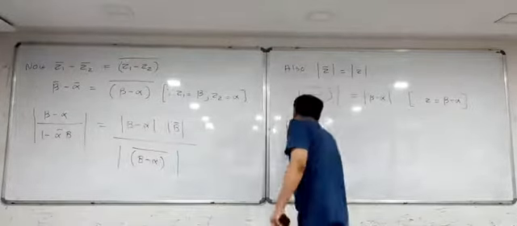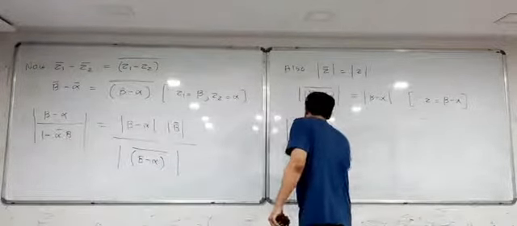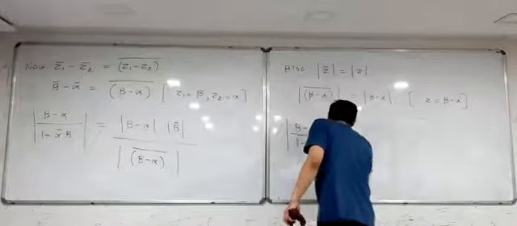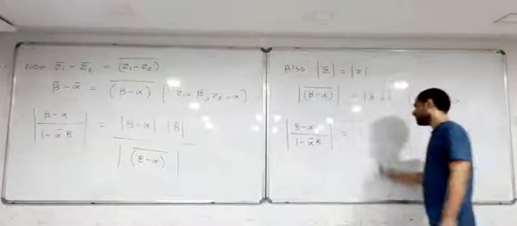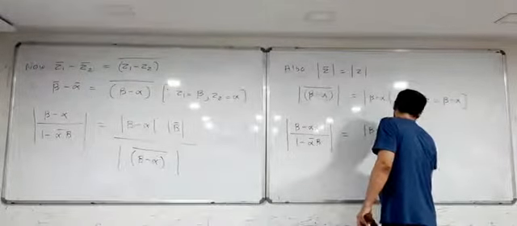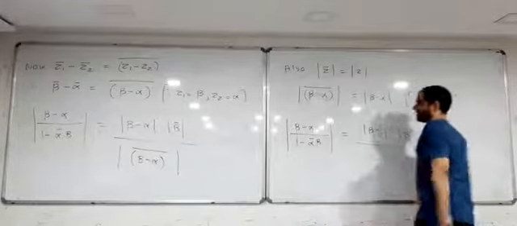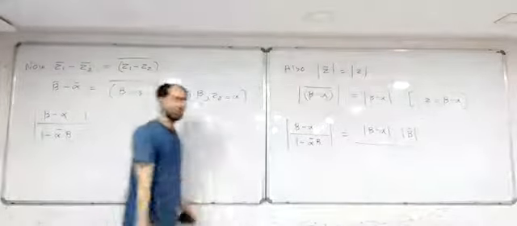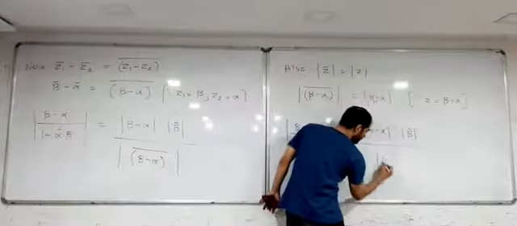Ultimately we come to this conclusion: modulus of beta minus alpha upon 1 minus alpha bar beta is equal to magnitude of beta minus alpha whole upon magnitude of beta bar. What does magnitude of conjugate of beta minus alpha come to? It will be equal to magnitude of beta minus alpha. Yes or no?